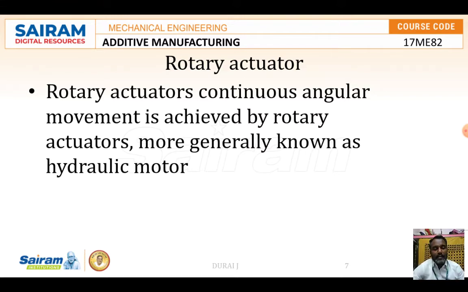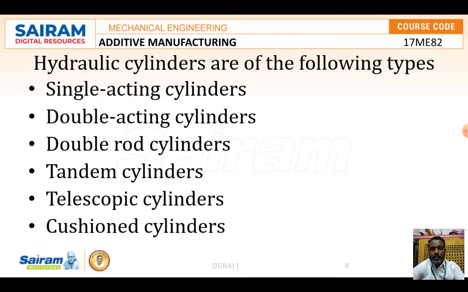From the spindle we are going to perform various work. In this manner the work takes place continuously. That's what continuous angular movement achieved by a rotary actuator, called a hydraulic motor.